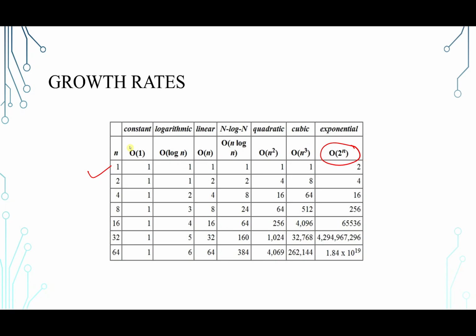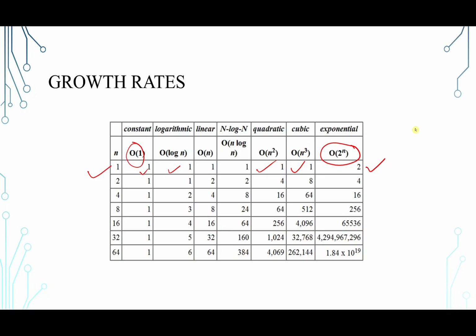If it's a constant algorithm doing that, then I'd take 1 second. If it's logarithmic, it's going to take 1 second also, near that. If it's quadratic, then it's taking 1. Cubic, 1 second. But if it's 2 to the power n, and n is 1, then it's 2 seconds, because we need a lot of processing.